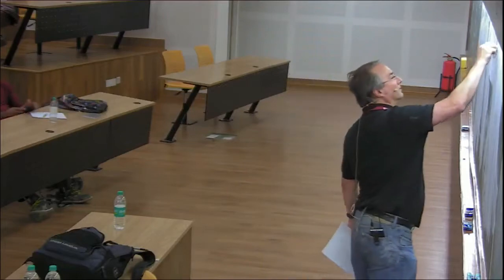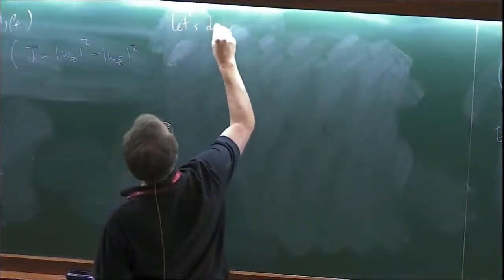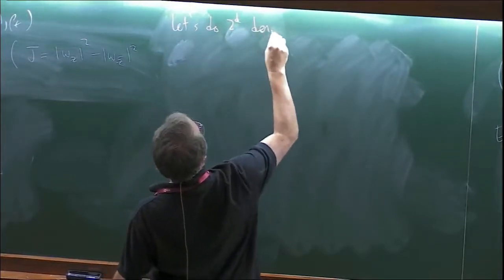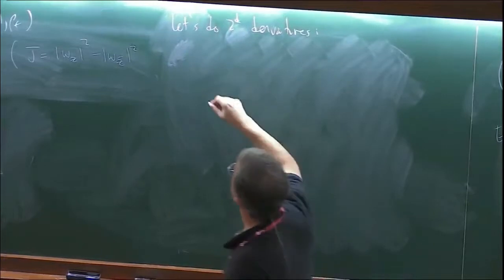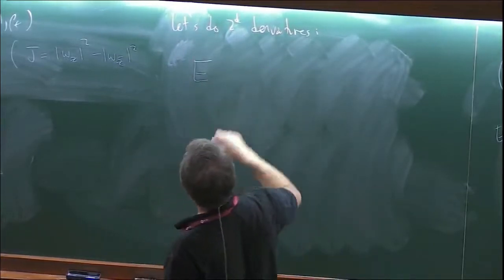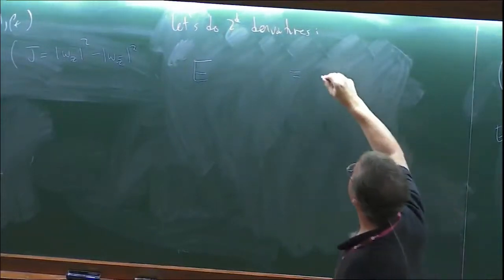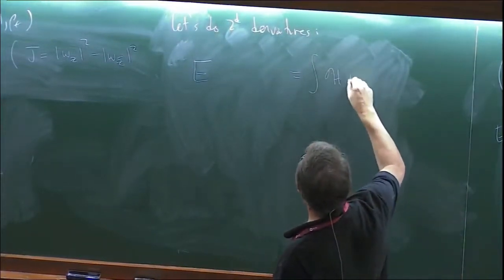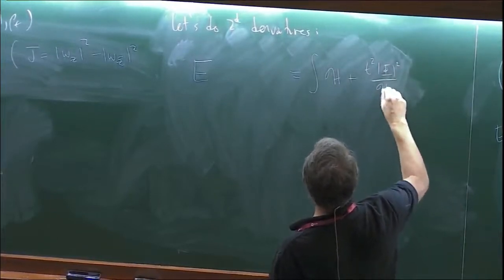So let's do second derivatives. So the energy, I'm going to take something off the energy in a minute. The energy, we have said, is h plus t squared v squared over h.